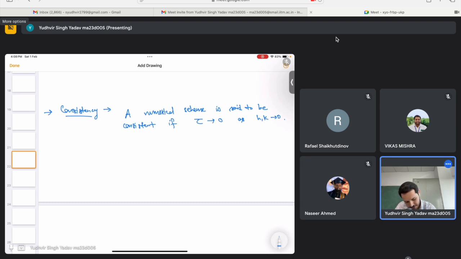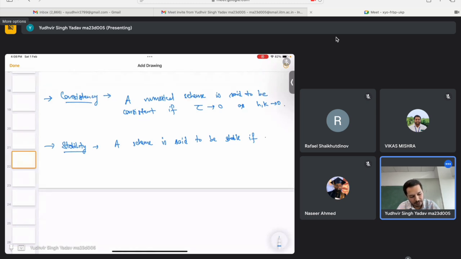The other term is stability of a scheme. A scheme is said to be stable if, in general language, the error at one step does not amplify the error at the next step.